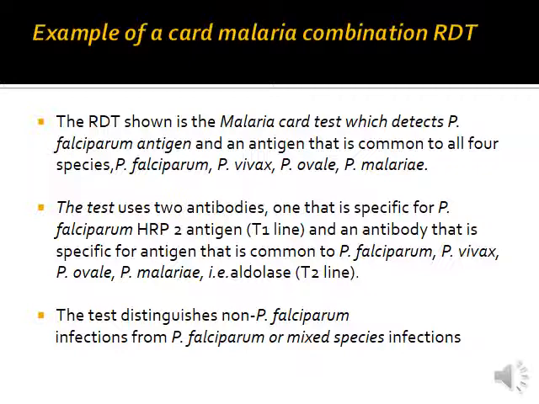So the T1 line is coated with antibodies against histidine-rich protein 2, and these are specific for Plasmodium falciparum only, while the T2 line is impregnated with antibodies against the enzyme aldolase, and this aldolase antigen is common to all the 4 Plasmodium species.